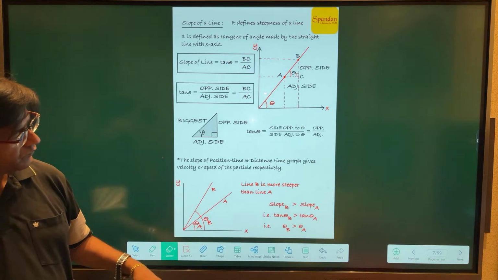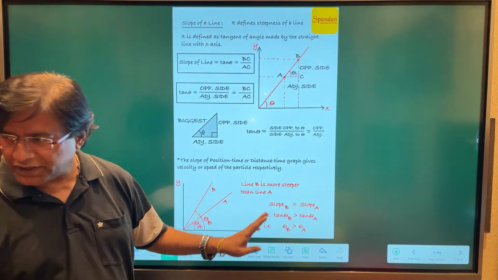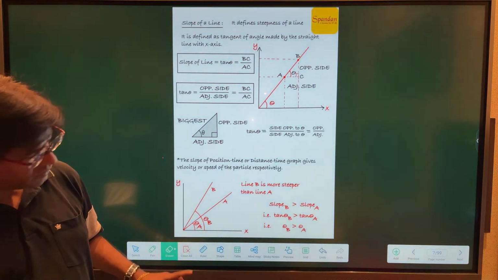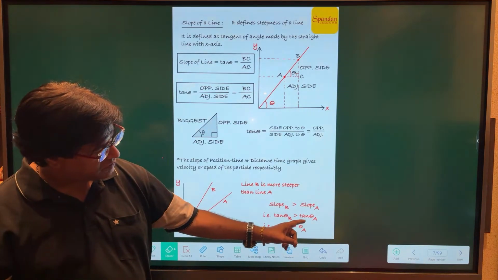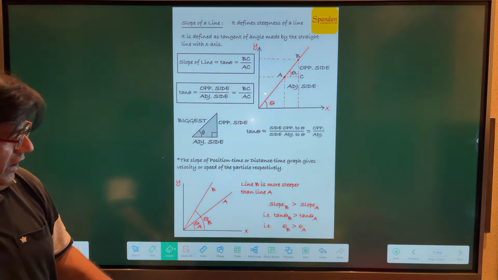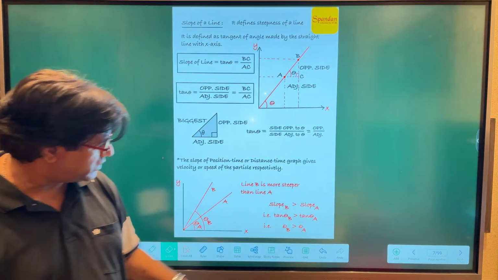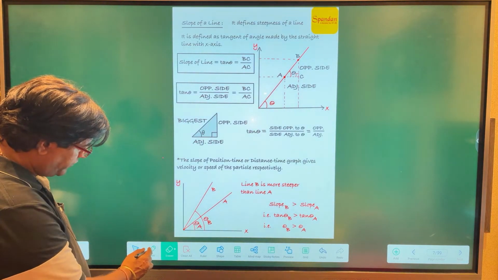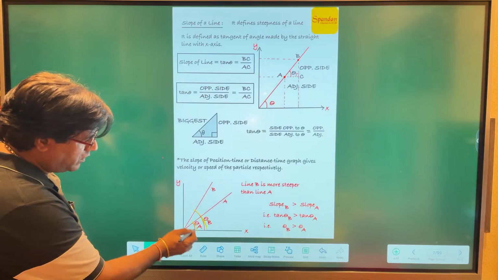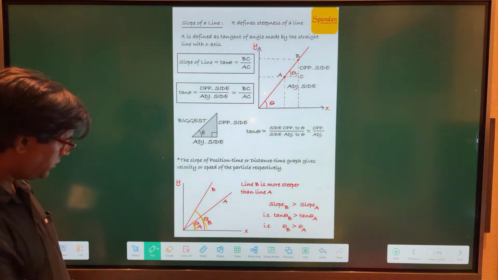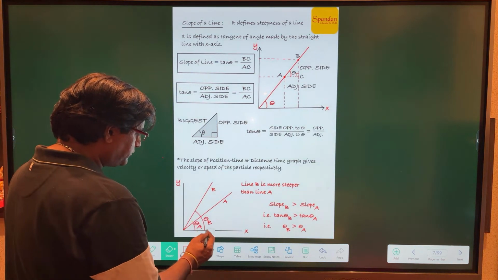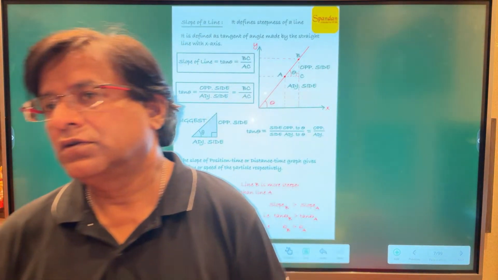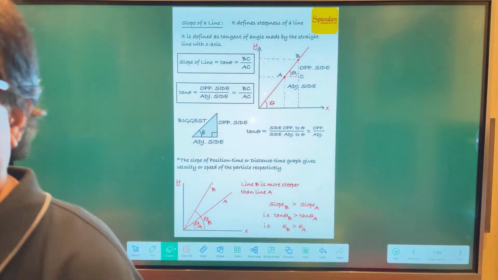So here we see that line B is steeper than line A. Here we will say that the slope of B is greater than the slope of A. Slope of B means tan theta B is greater than tan theta A, and from here we can say that theta B is greater than theta A. So this angle theta B is greater than this angle theta A, right? Thus we are getting this concept of slope of a line.